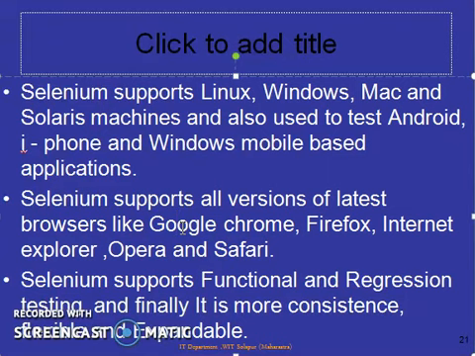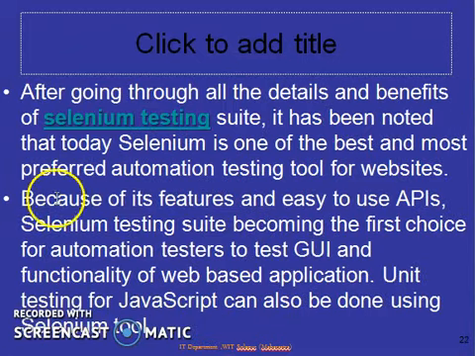If you compare with QTP and other tools, there are some drawbacks; it supports only a few browsers. Selenium supports functional and regression testing, and finally it is more consistent, flexible and extensible. We will discuss in the next slide in detail about the Selenium concepts.